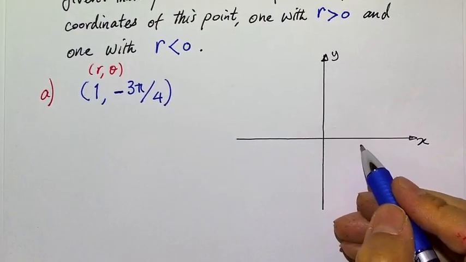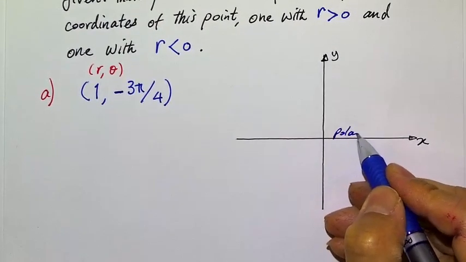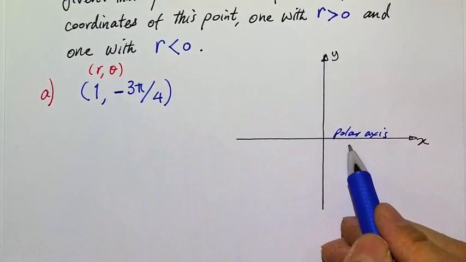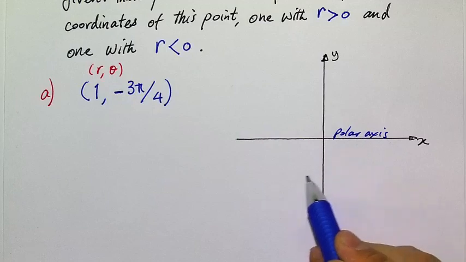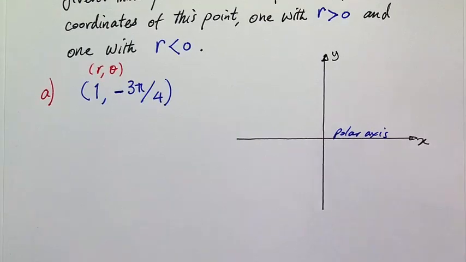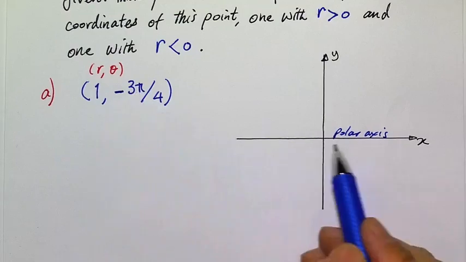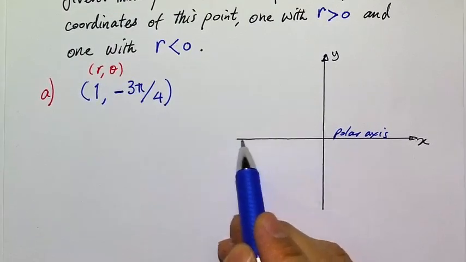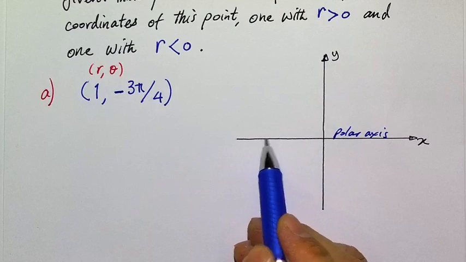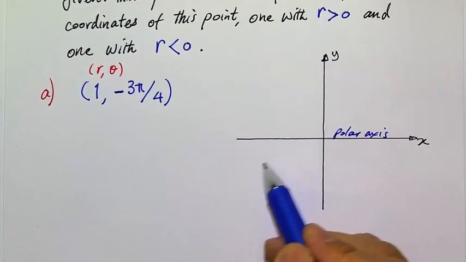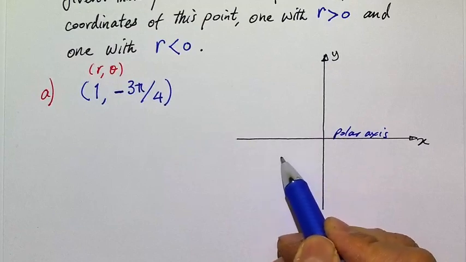This is our polar axis. Because it's negative, I'm going to start from the polar axis and go clockwise. This is less than 4 pi over 4, which would get me to this line. But it's less than that, right? It's minus 3 pi over 4. So I'm going to be in this quadrant someplace.